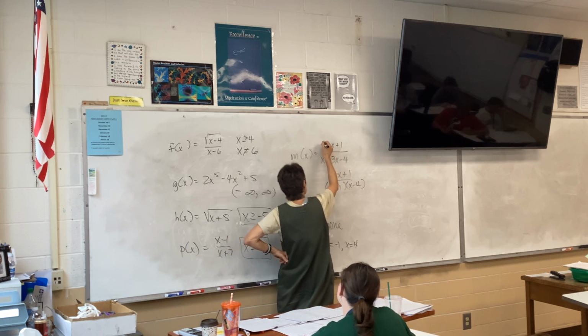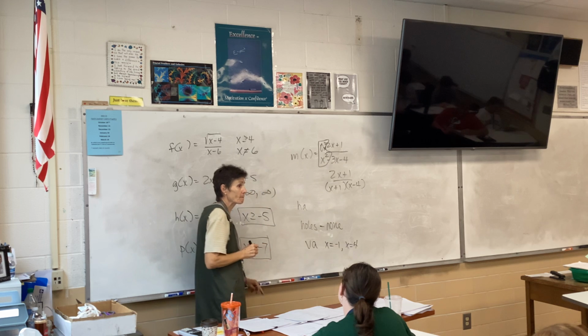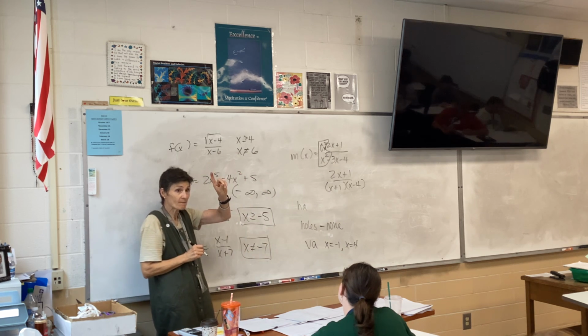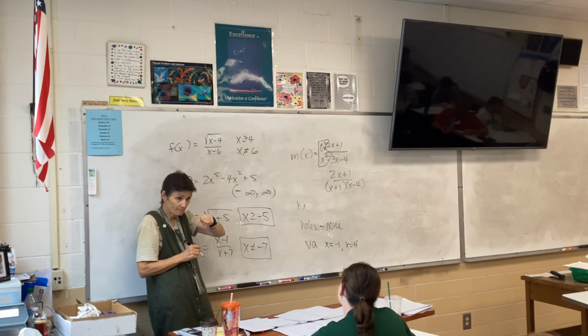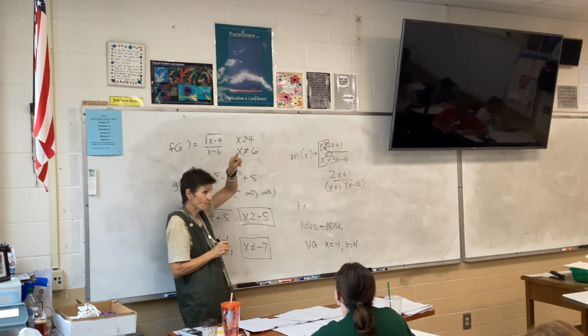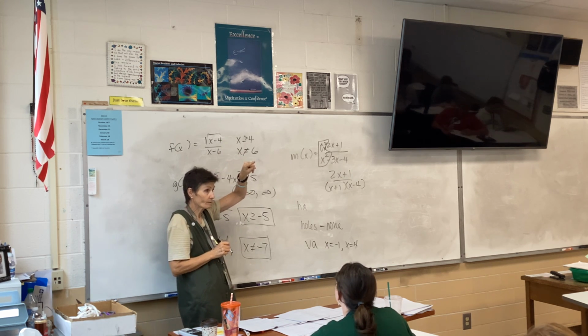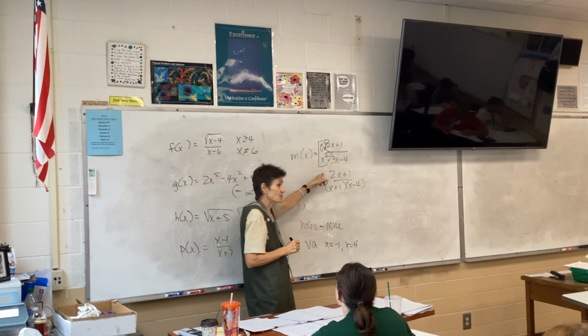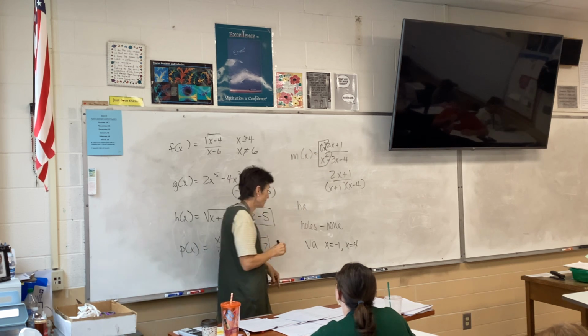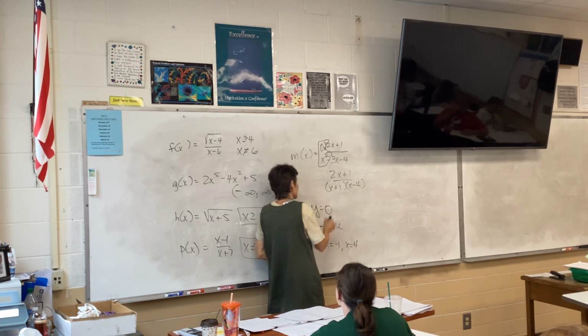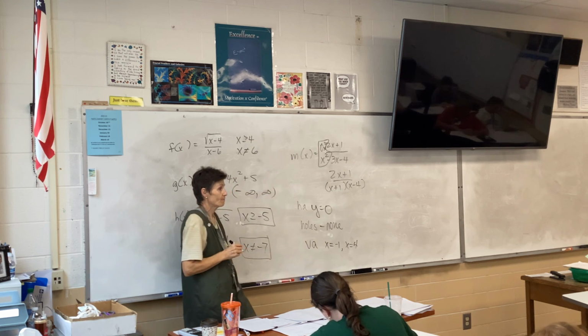I heard somebody, was it you, Eddie, said 0? Because what is the highest power in the problem? But this time, the x squared's in the bottom. So I have to put the 0 on the top. And what's 0 divided by 2? 0. So the horizontal asymptote is y equals 0.